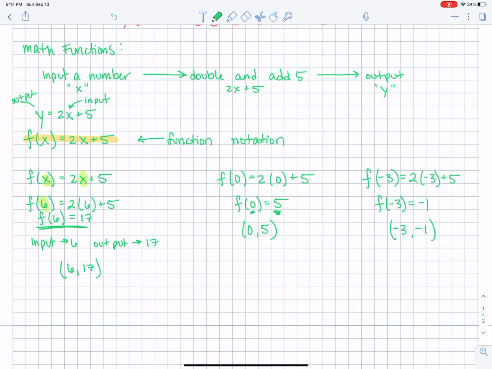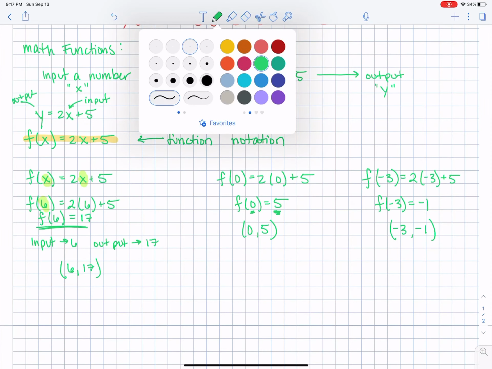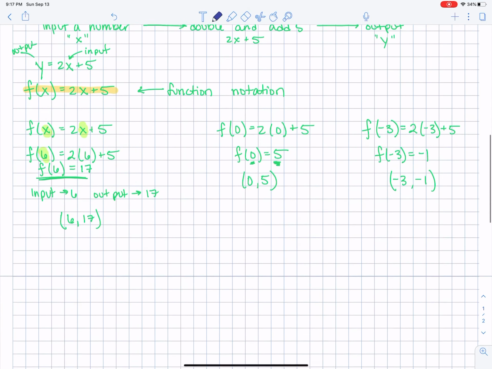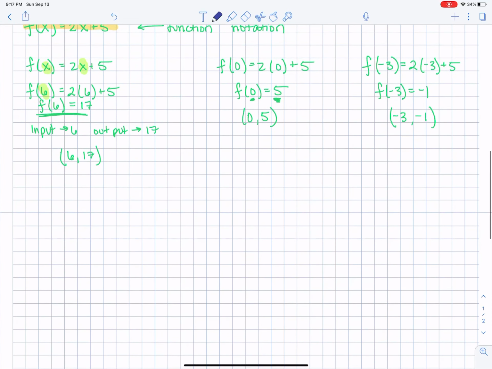Just as a reminder on your function notation, whatever goes inside those parentheses is what you put in your function. So I might have something like f of x is equal to x squared plus 3x minus 6. If I want to say, what is f of smiley face?